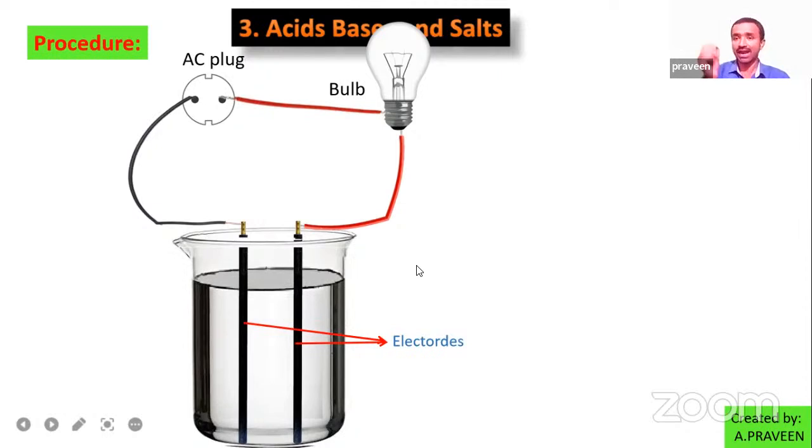Then add acid. Here you are preparing an HCl solution. Add it, then switch on. With the distilled water, we know the bulb doesn't glow.